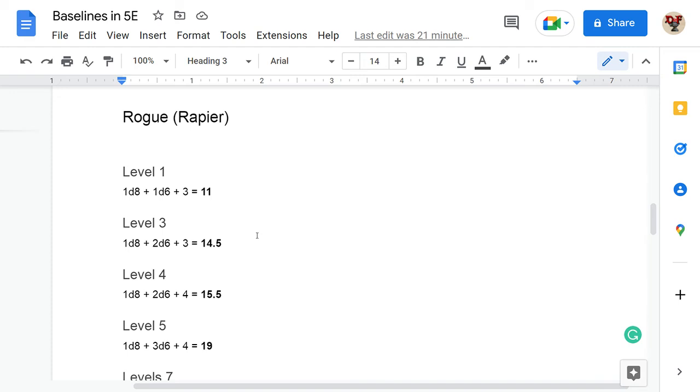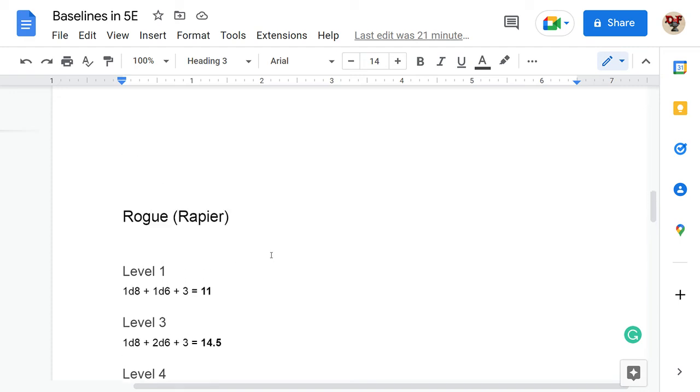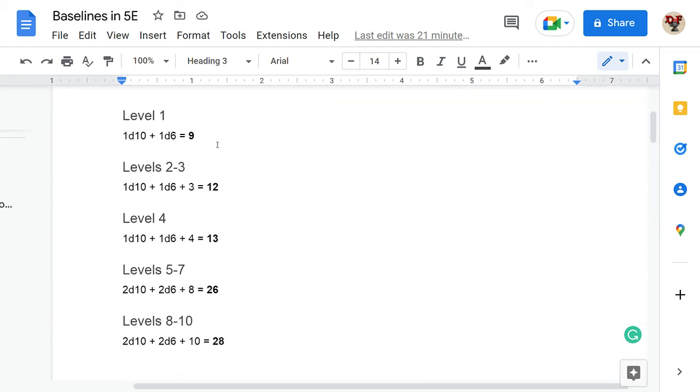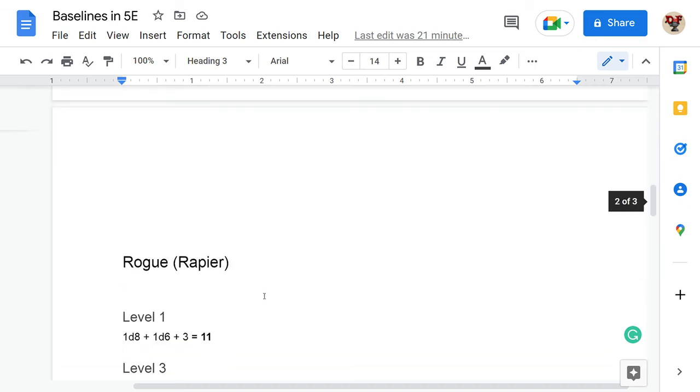Rogues are even more straightforward than the warlock. You don't have to do anything. Sneak attack is built in and scales regardless of your decisions, as long as you don't multi-class out. In this particular example, the only optimization I've done is choose a rapier. That's it. And the numbers are lagging behind for the most part with, let's see, so 9, 12, 13, 26.